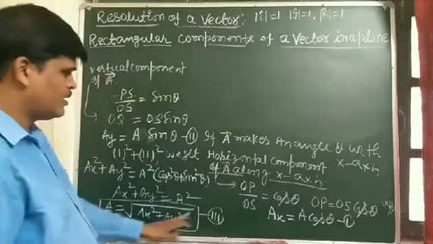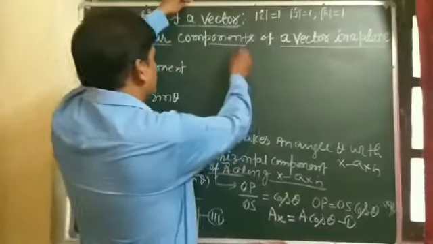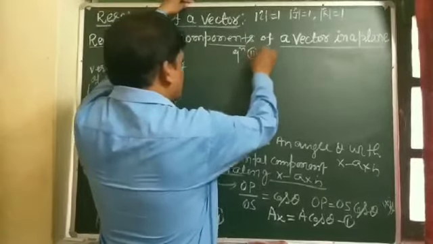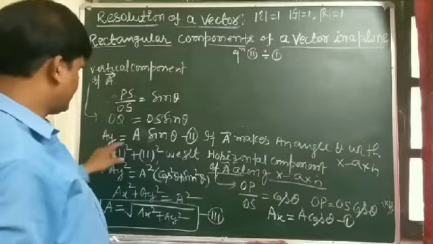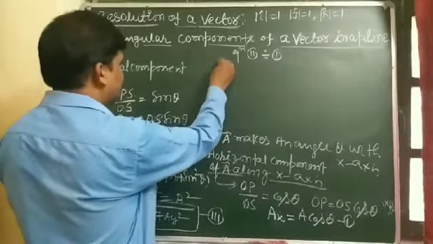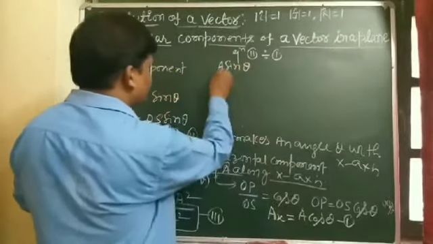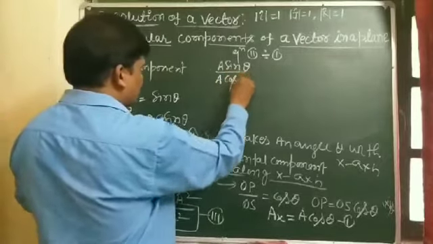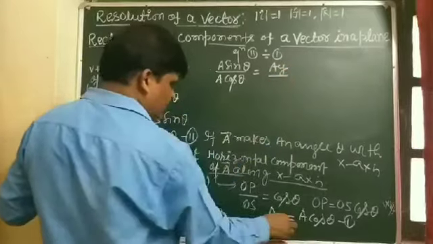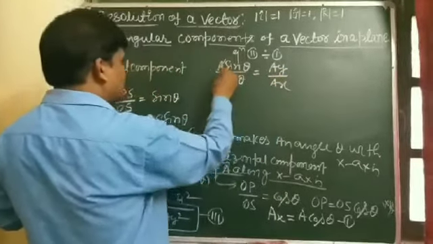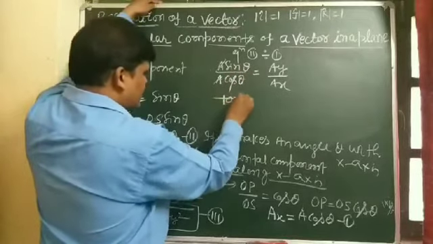Now dividing equation 2 by equation 1, the left hand side is A sin theta divided by A cos theta, and the right hand side is AY by AX. A cancels out, and sin theta by cos theta is tan theta.